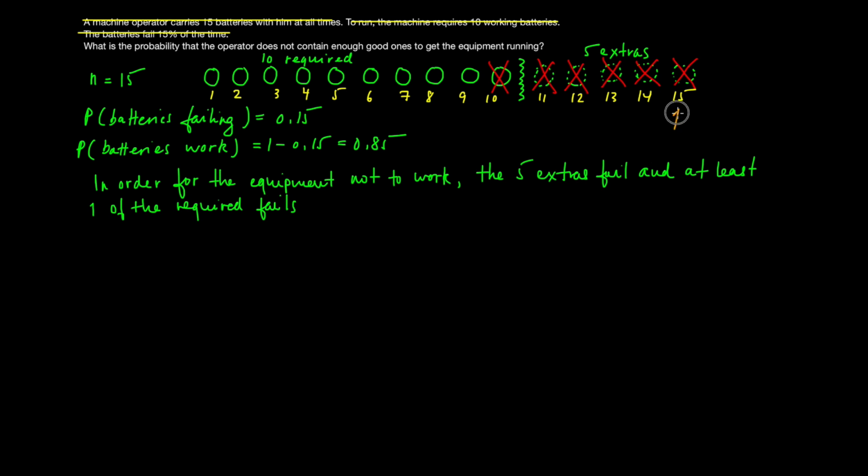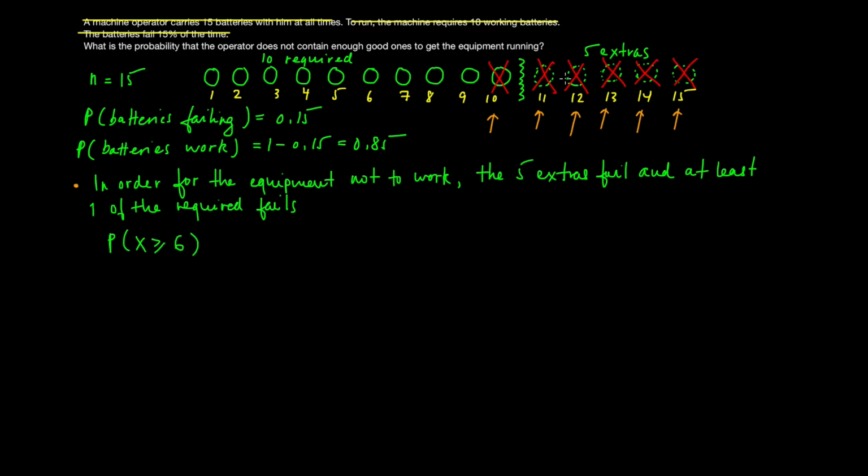So this is 1, 2, 3, 4, 5, 6. So we need for 6, so these 6 right here, or more to fail for the equipment to not work, right? So you agree with me that this sentence right here translates into the probability of x being greater or equal to 6, right?